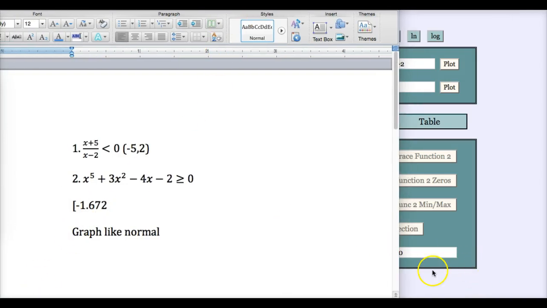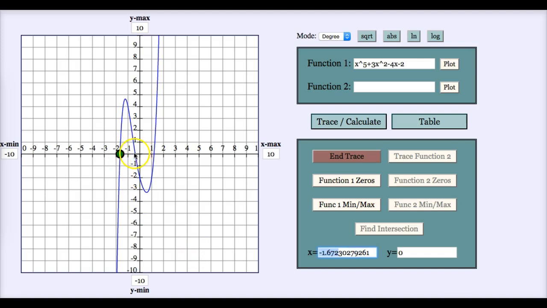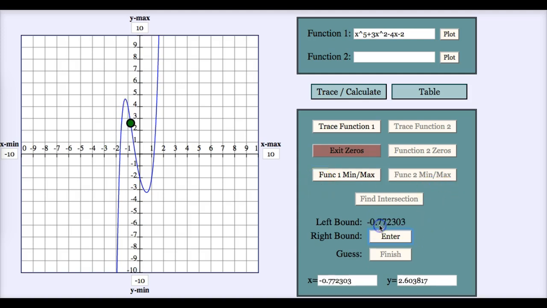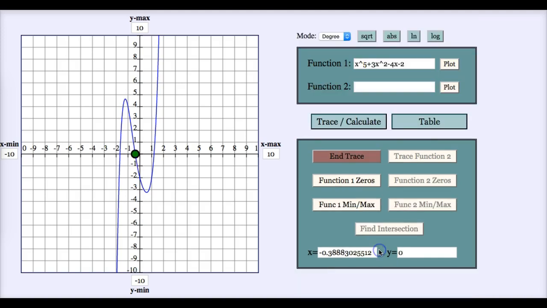Okay, then I'm going to find my next 0. This is where that interval of being greater than 0 is going to end. So I'm going to find zeros, go to the left, that's fine. Then to the right, guess it.